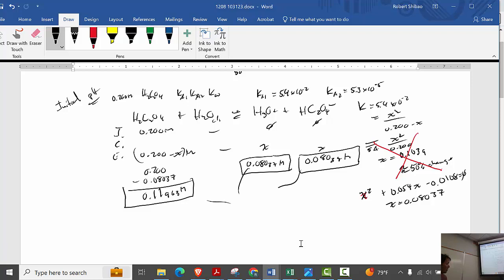So I'm going to take these values and double check the K. So it'll be the hydronium times the hydrogen oxalate, 0.08037 squared, divided by 0.11963.